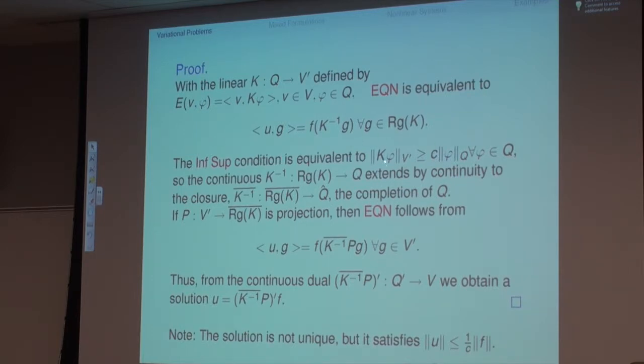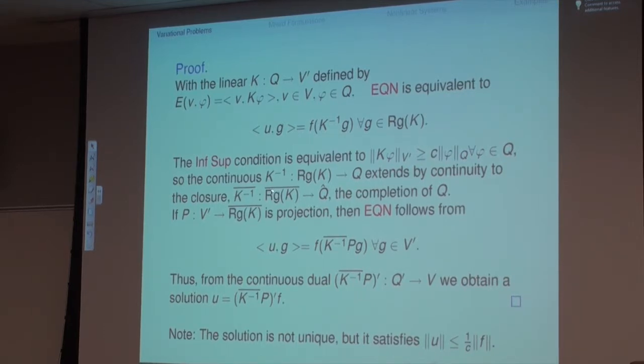That inf-sup condition is equivalent to saying K phi is bounding, so it has an inverse on its range, on the range of K. K inverse is defined on the range of K, gives me a function into Q, and that extends uniquely by continuity to the closure of the range. And I'm going to note that with the bar on that.